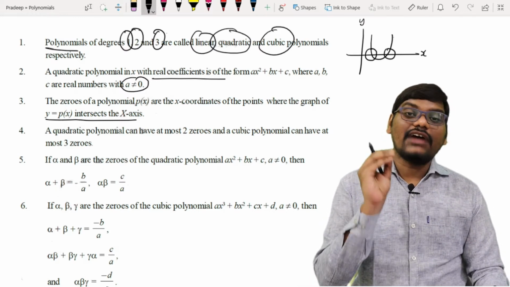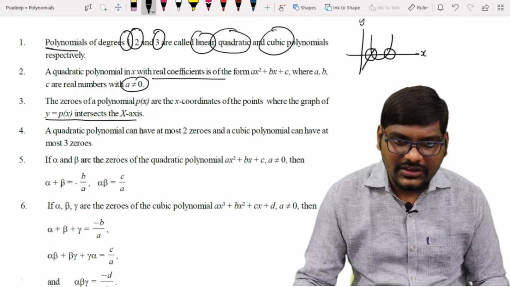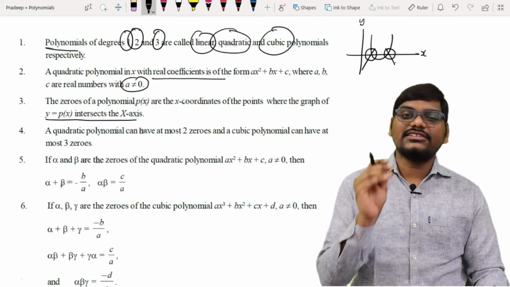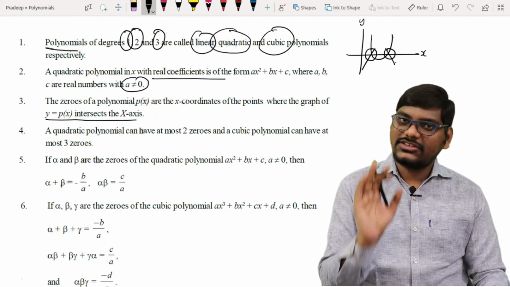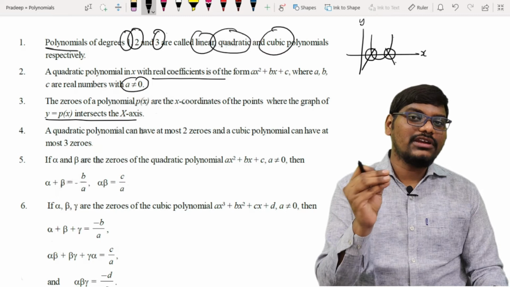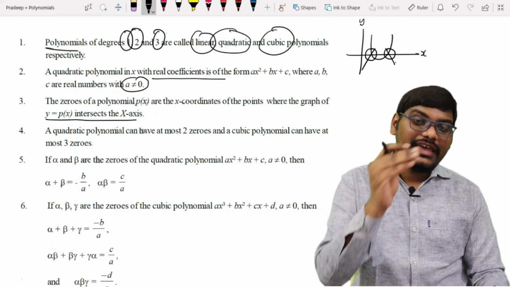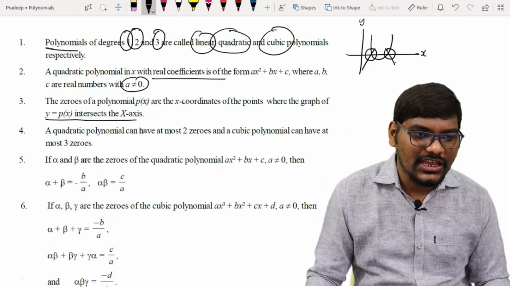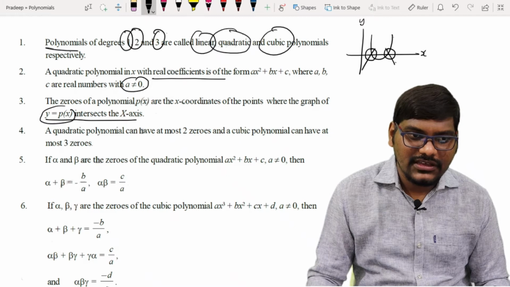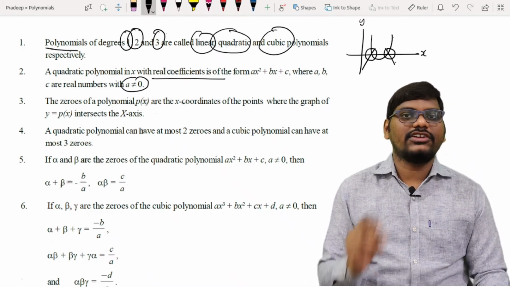Because the graph is touching the x-axis at two different points, one here and a second one here, we said the zeros of the polynomial are 2. It is all about how many times the graph touches the x-axis. Because we are working with the intersection of the graph with the x-axis, y equal to p of x intersects the x-axis at a point.